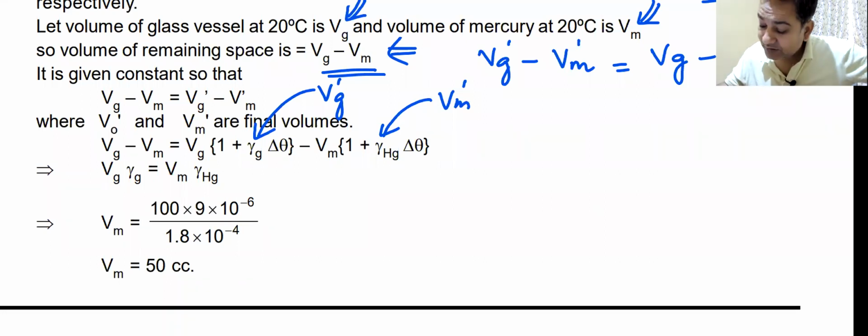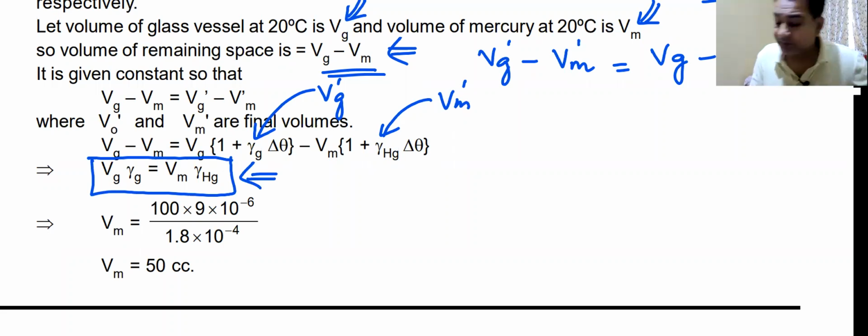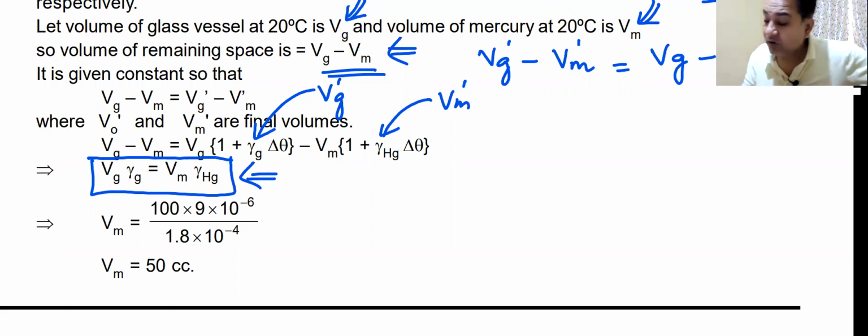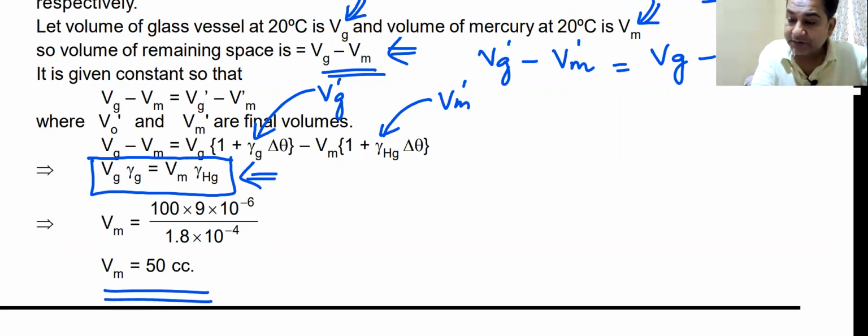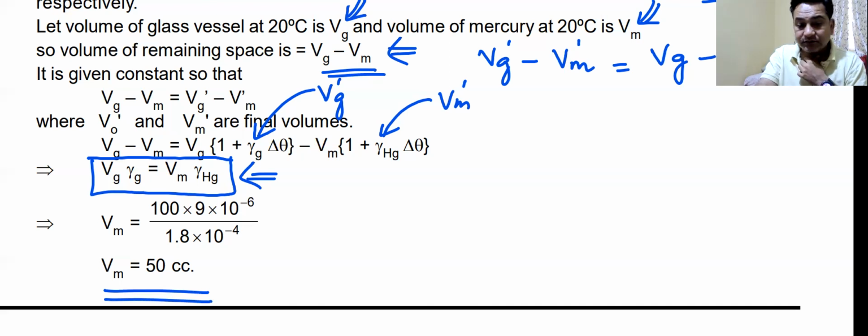And at the end of the day, you will be left with this simple equation: Vg into gamma, the coefficient of expansion of glass, is equal to Vm into gamma of mercury, and from there you can find out the volume of mercury, that is Vm. I hope you have done this question. Yes, sir.